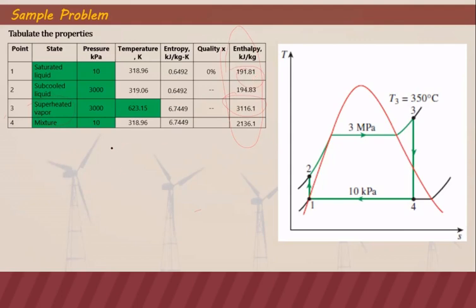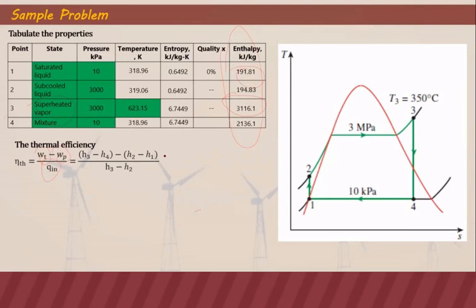Now we can compute the thermal efficiency, which is the unknown or the requirement for this problem. And that is just equal to the work of the turbine minus work of the pump over the heat input. Or basically, that's just heat output over heat input. Or the net work over heat input. So the reason why we are going to subtract work of the pump is, again, this will require electricity.